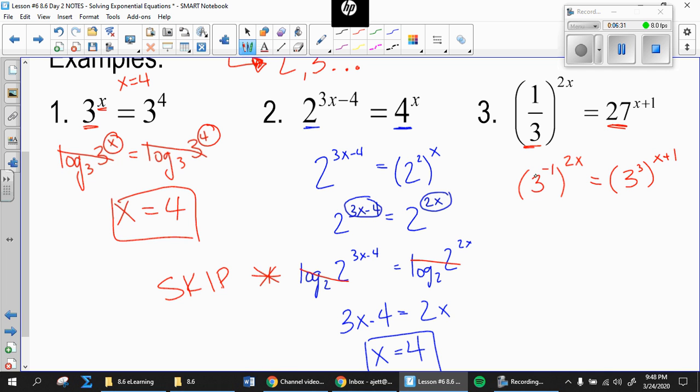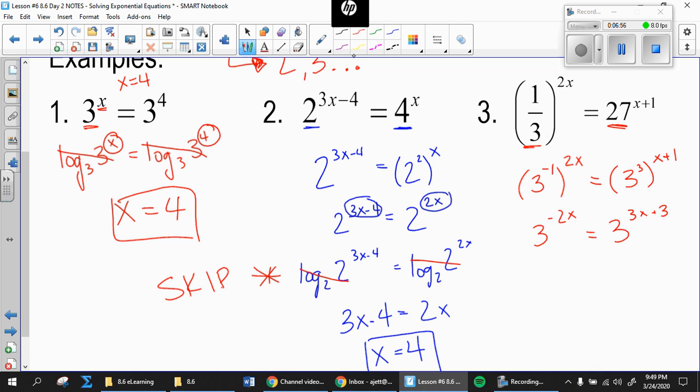Now from there, we're going to use our power to a power rule. So 3 to the negative 2x, because we're multiplying these powers. 3 distribute, because you're multiplying, so 3x plus 3.